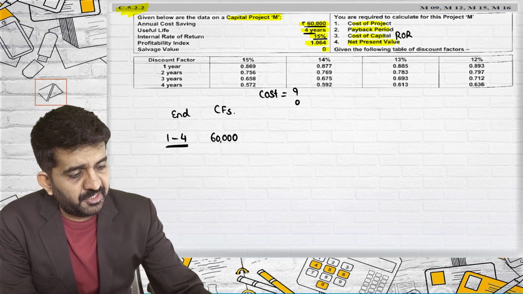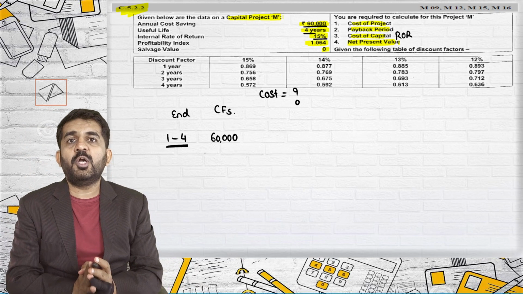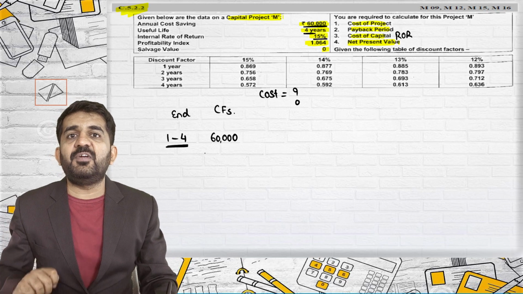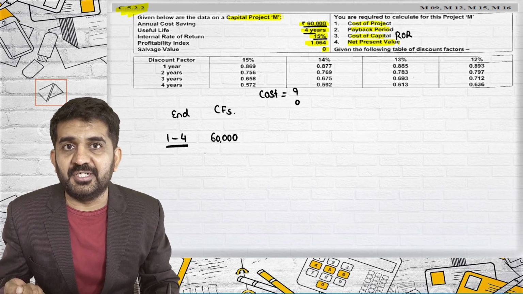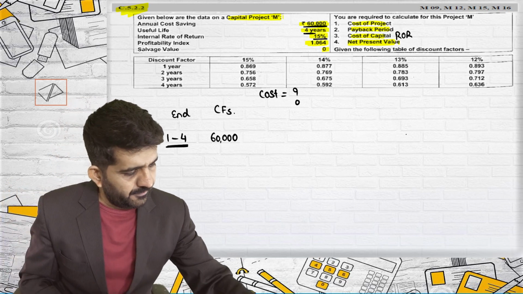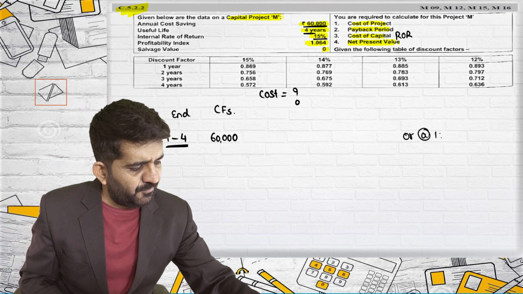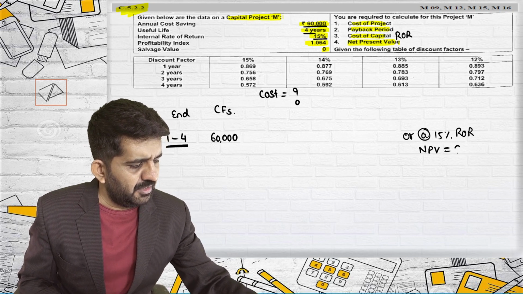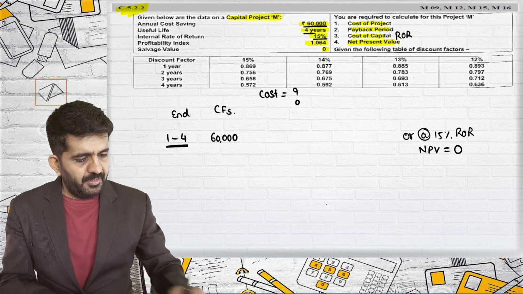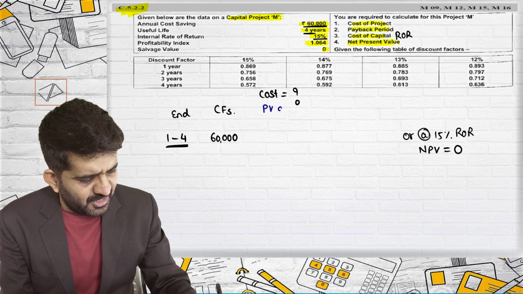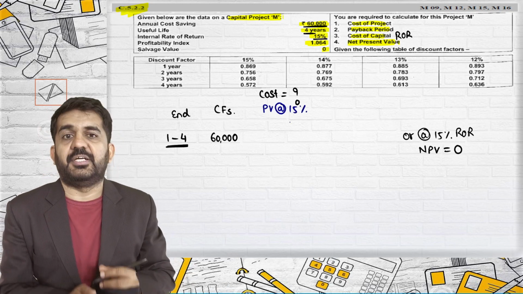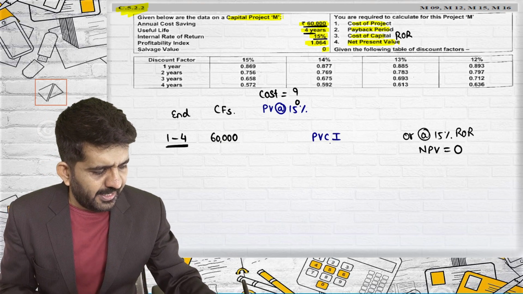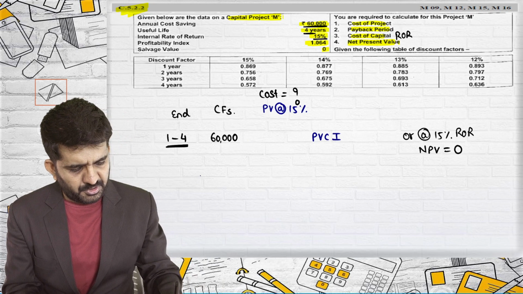Internal rate of return is 15%. What does this mean? This project is earning a 15% rate of return, or at a 15% rate of return, NPV will be 0. So I am finding the present value at the rate of 15%. Find the present value of the cash inflow of 60,000 at 15%.